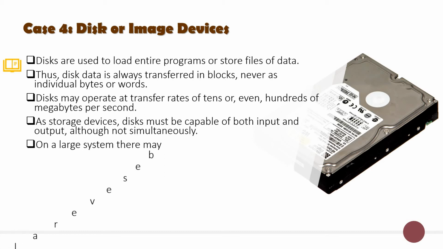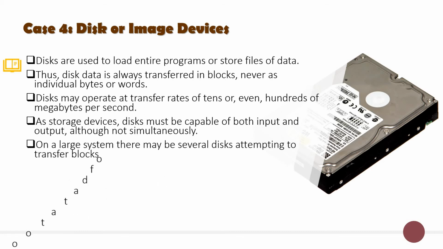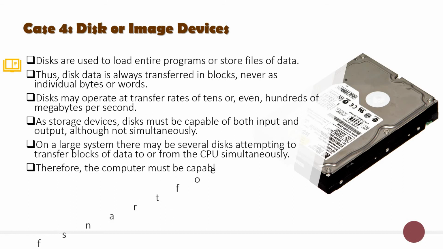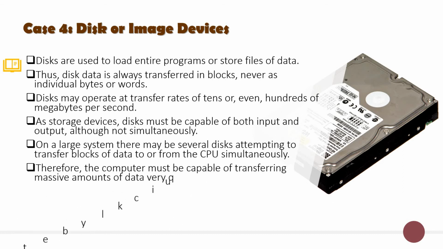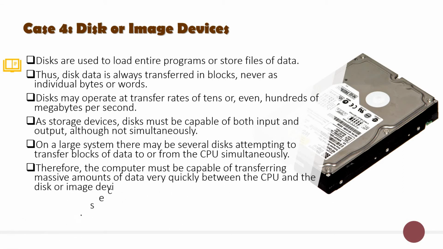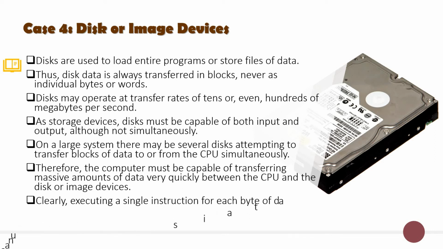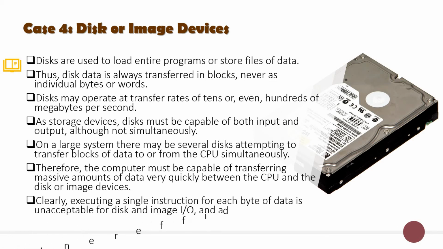On a large system there may be several disks attempting to transfer blocks of data to or from the CPU simultaneously. Therefore, the computer must be capable of transferring massive amounts of data very quickly between the CPU and the disk or image devices. Clearly, executing a single instruction for each byte of data is unacceptable for disk and image I/O, and a different approach must be used.